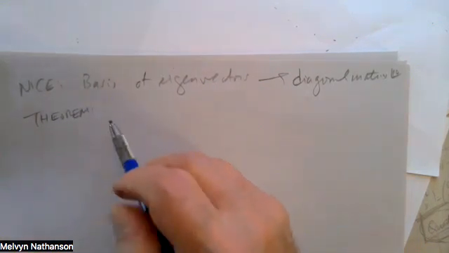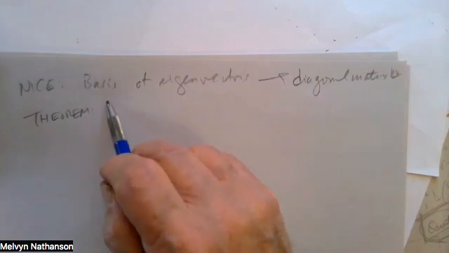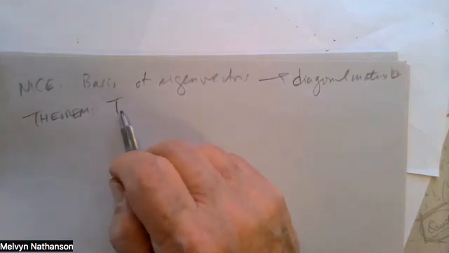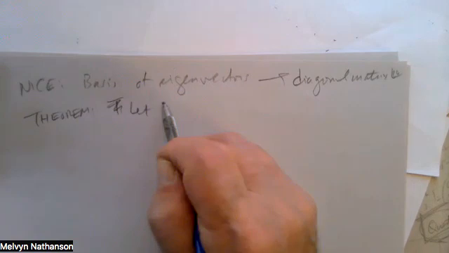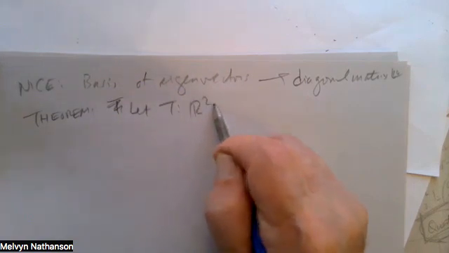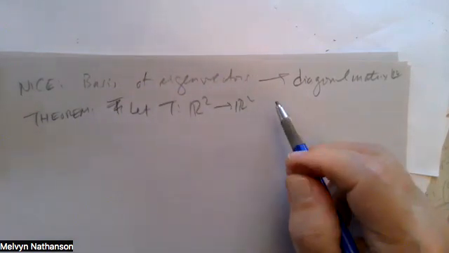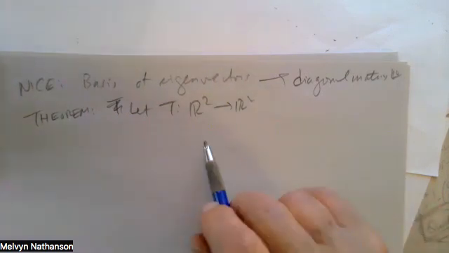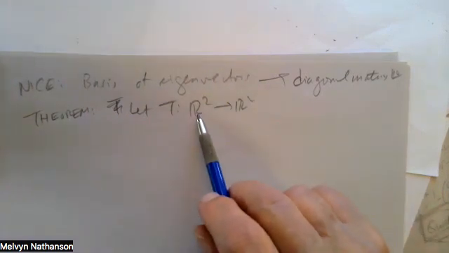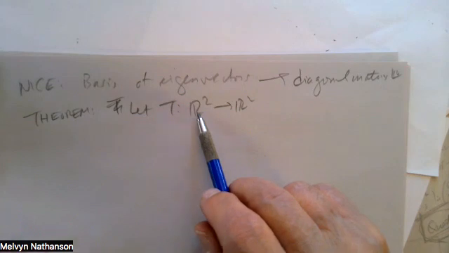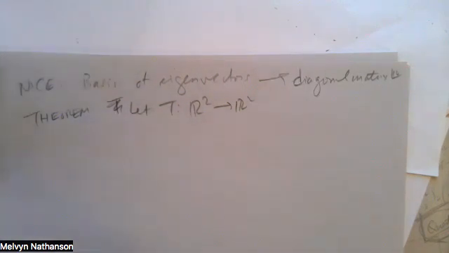So we have the theorem. Let me first prove it in dimension 2. Suppose T is a linear operator from R2 to R2. Now, there are not necessarily eigenvalues and eigenvectors. They exist only when the quadratic equation you write down has solutions.